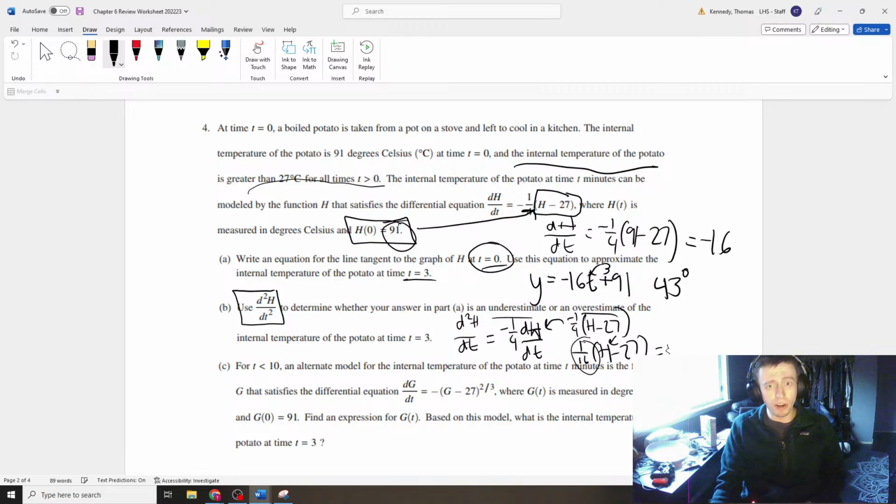So I know I'm concave up. If I'm concave up and I have a tangent line, my tangent line goes below the curve at all points. So my approximation from part A goes under the curve, because it will do that for every concave up graph like this one. So this would be an underestimate.